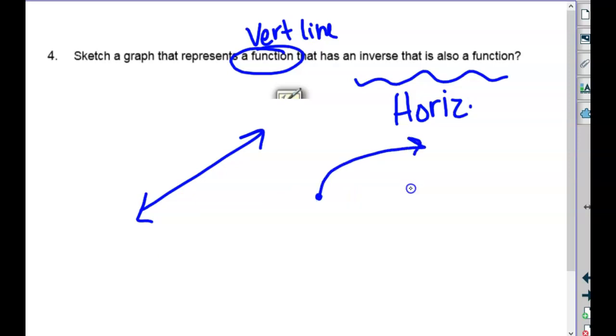This would work, right? Half a parabola sideways would work. Any questions? So if I gave you 4 different graphs, you could pick out which one passed both, okay? Or which one didn't, if it asked the other way.